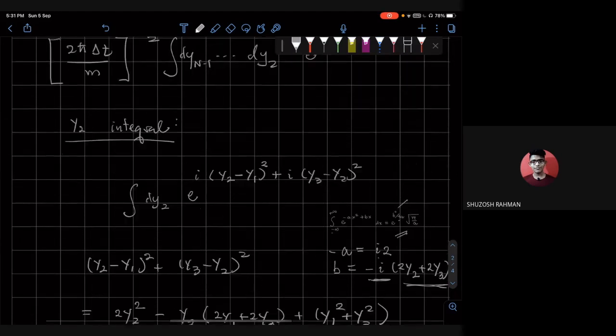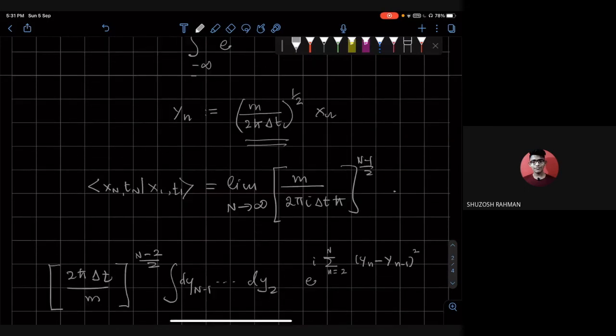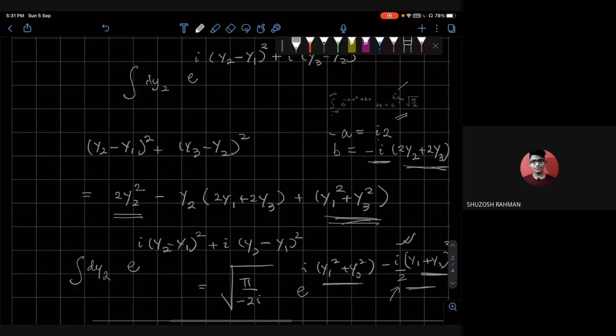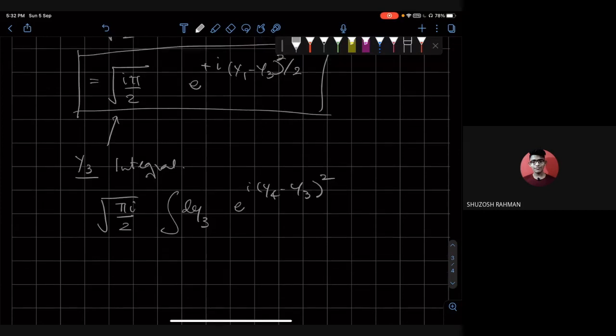This is coming from this sum, right? So this is the y3 term, but then we also get a y3 term from the previous integral. What is important here is that there's a factor of half here, and there is no factor of half here. So the integral will be slightly different from the previous time. So we get e to the power i, y1 minus y3 squared by 2.